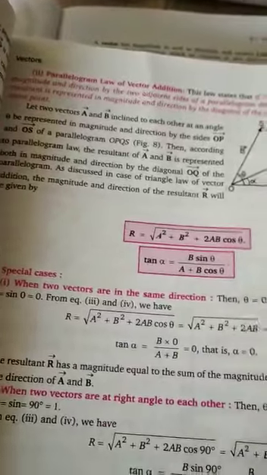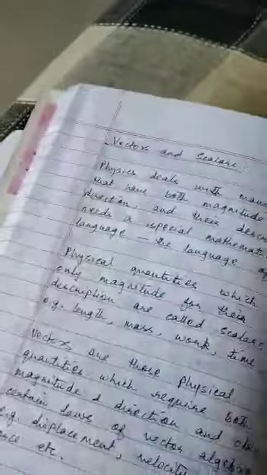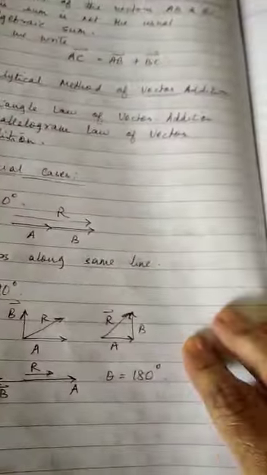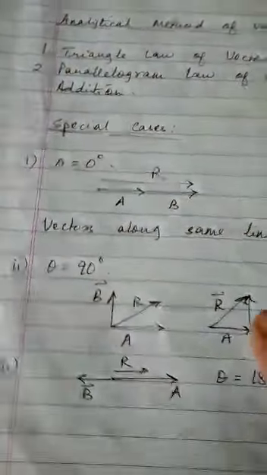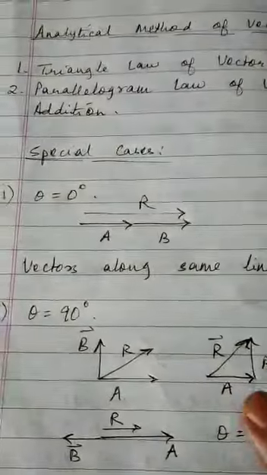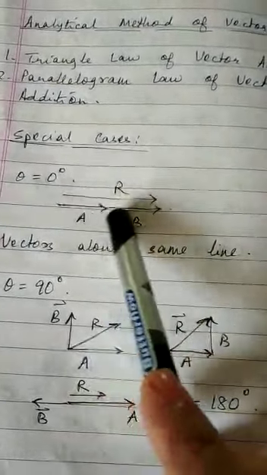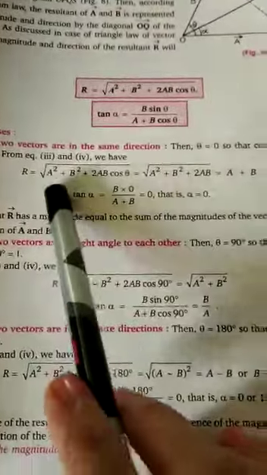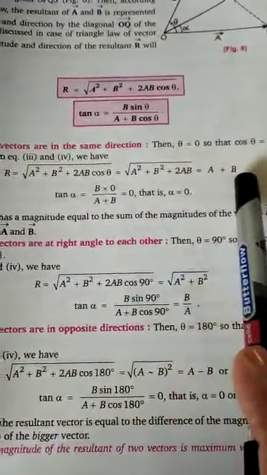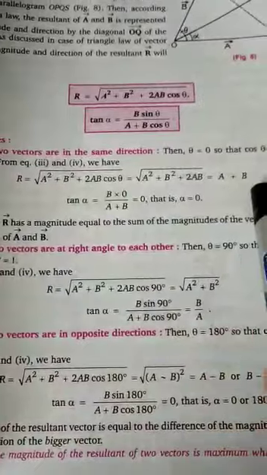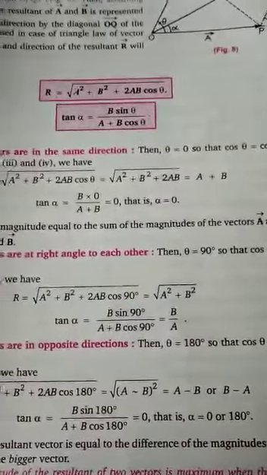Now, there are some special cases out here. When I have the two vectors which I am adding, if the angle theta is 0 between the two vectors, that means A and B are along the same line parallel to each other. Then R becomes equal to A plus B. Length of R is length of A plus length of B. It becomes exactly like scalar addition.